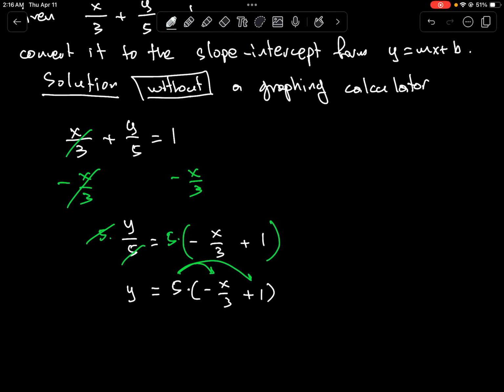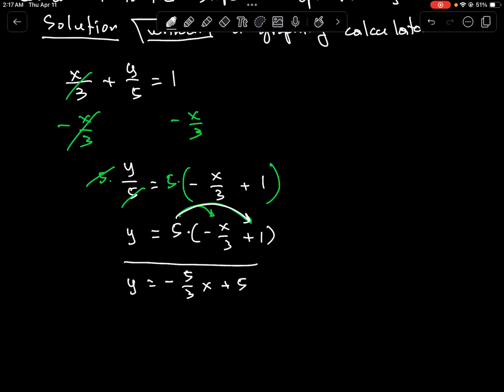and then I will get the same left hand side. Then 5 times negative x over 3 is negative 5 over 3 times x. Then 5 times 1 is plus 5. Okay, and that is the slope-intercept form.